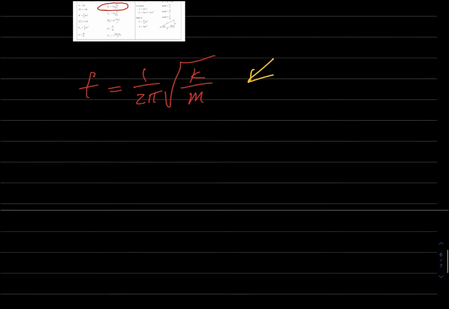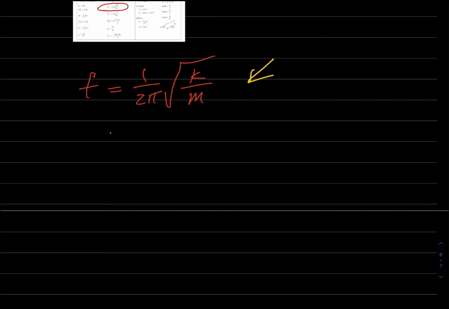Well, the answer is, we said that the restoring force equals negative k times x. So we're going to say the mass times the acceleration equals negative k times x. Here we have mass, and here we have k, just like in the equation for the frequency.